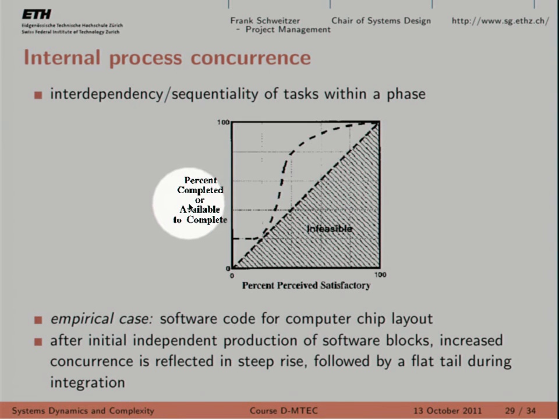The most non-ideal case is when they have to be done in sequence. In that particular case, they needed to do 20% of the software blocks before they could parallelize all the others. So unless you complete 20% of the work, you cannot do anything else. All the other 80% have to wait. This is what is illustrated here.